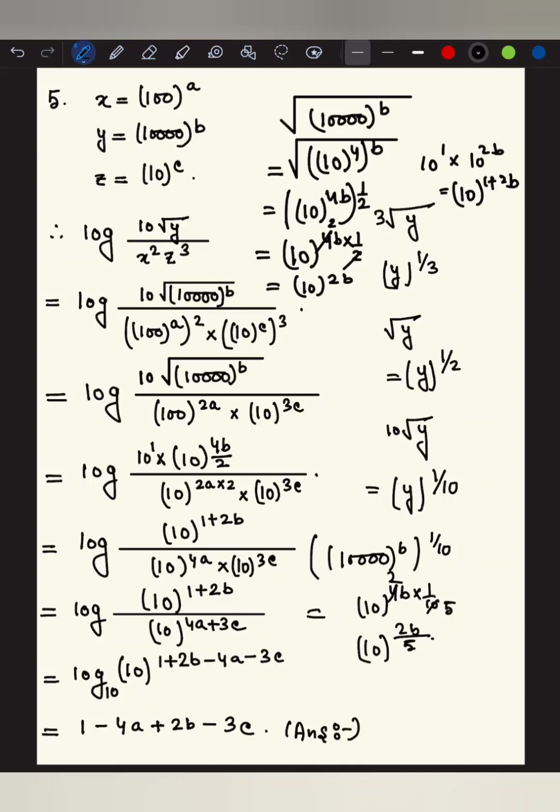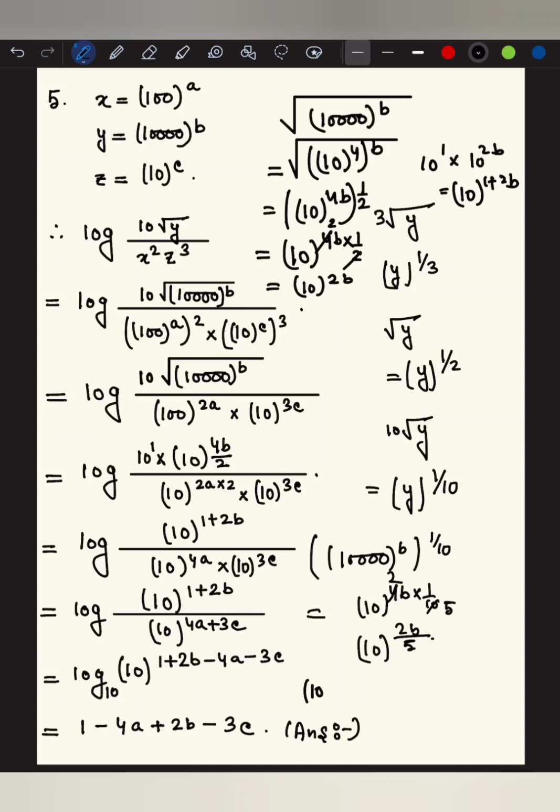Which is equal to log 10 to the power 1 plus 2b by log 10 to the power 4a into 10 to the power 3c, which can be written as 10 to the power 4a plus 3c. That is what I have written. So this is equal to log 10 whole to the power 1 plus 2b and let me write it here.